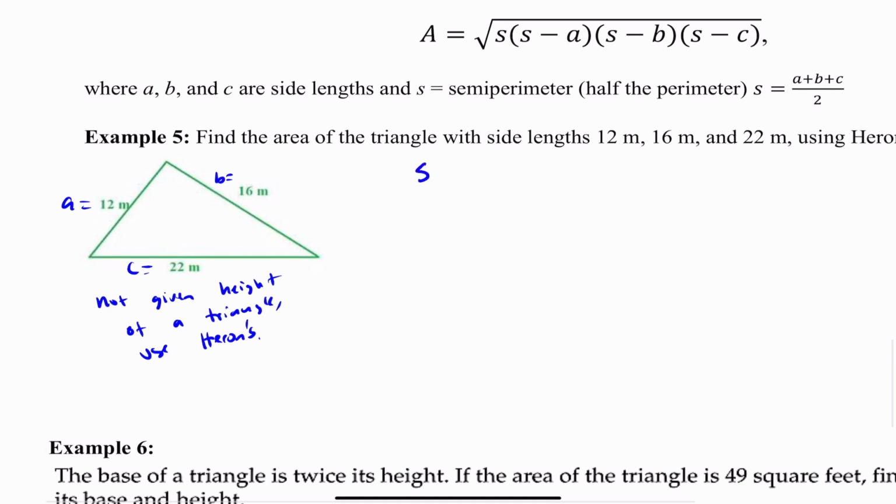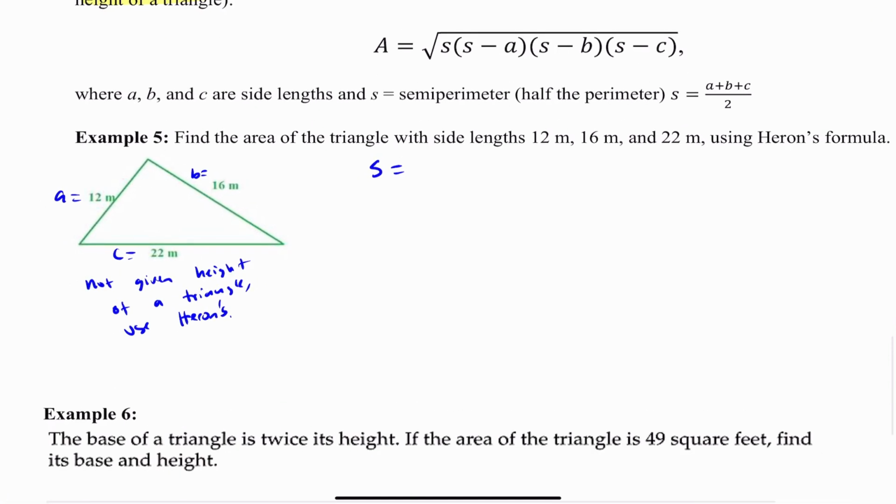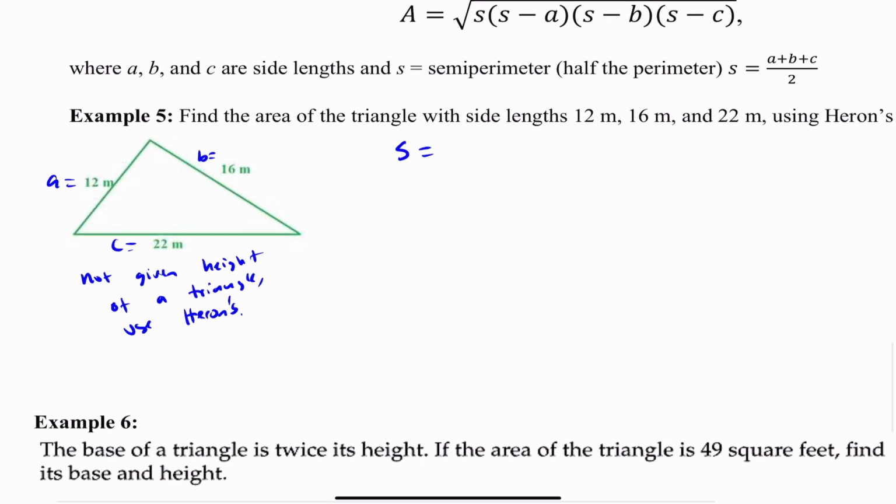So what's this semi-perimeter? It's all the side lengths added divided by 2. So S equals 12 plus 16 plus 22 all over 2. So your semi-perimeter is 25. Okay?